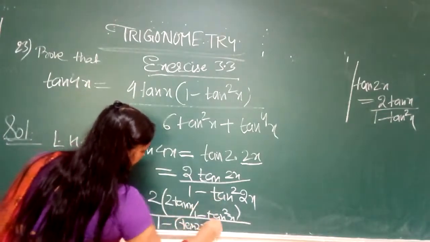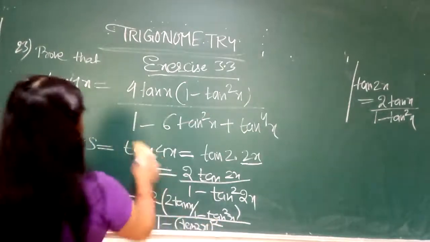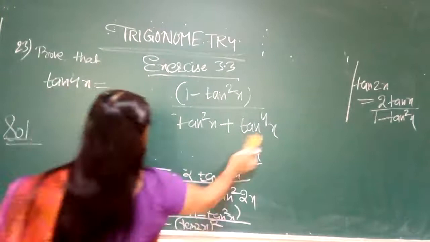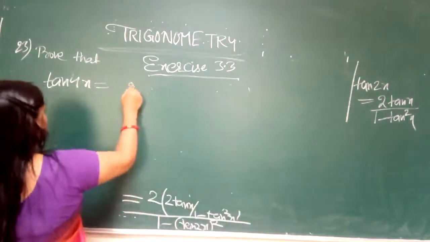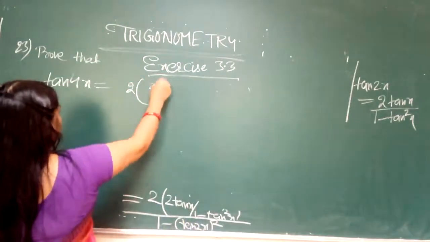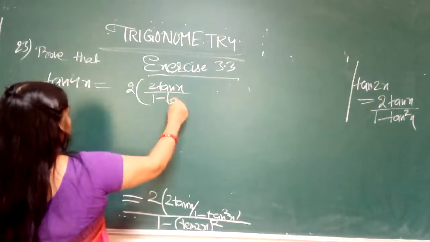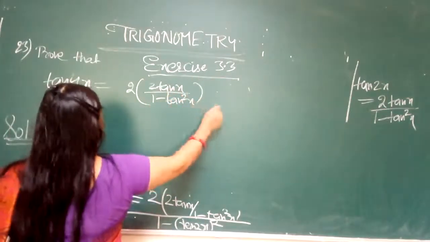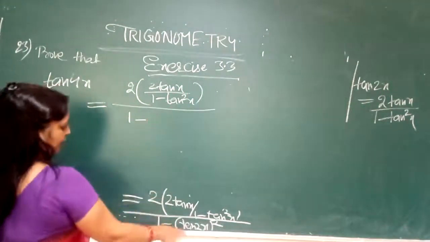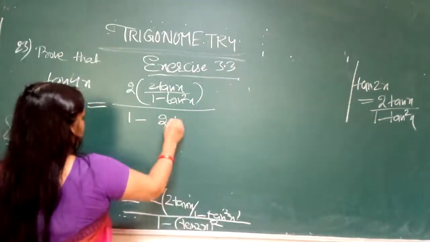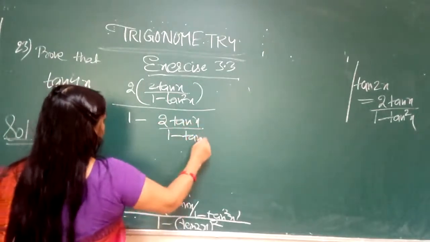We can write this tan 2x whole square in this way. So what will come here? 2 into 2 tan x upon 1 minus tan square x, whole divided by 1 minus, what is the formula of tan 2x? That is 2 tan x upon 1 minus tan square x, whole square.